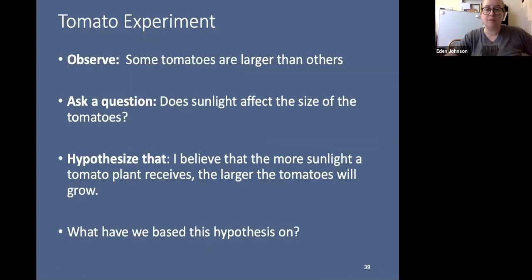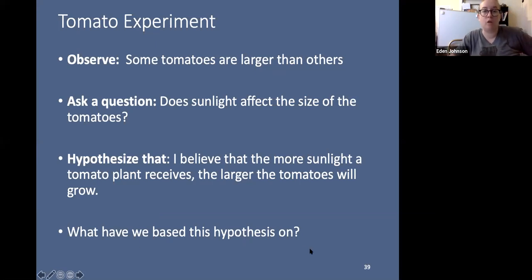All right, so you observe some tomatoes are larger than other tomatoes, and you ask a question. Some are larger than others, so does sunlight affect the size of these tomatoes? You hypothesize that the more sunlight a tomato plant receives, the larger the tomatoes will grow. That is reasonable. What have you based this hypothesis on?